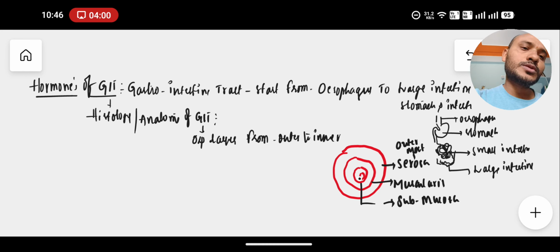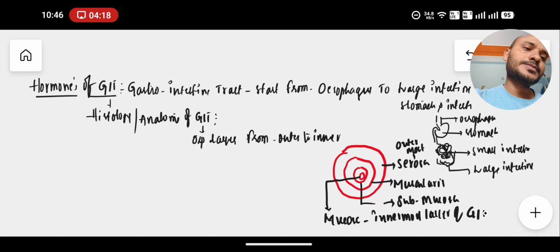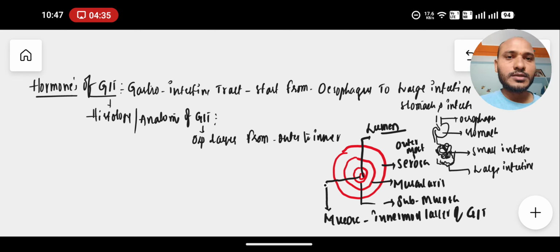The innermost layer of the GI tract is called the mucosa. Inside the mucosa there is an empty space, and this empty space is called the lumen. So there are four layers present in the GI tract.